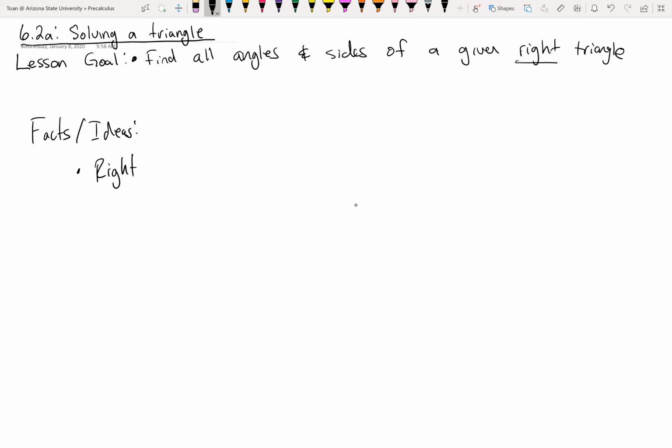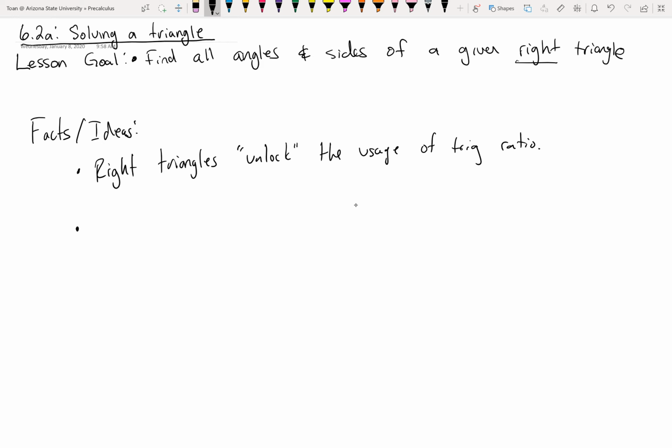Because we're working with right triangles, we "unlock" the usage of trig ratios. Remember SOHCAHTOA, sine, cosine, and tangent? Those are ratios based off of side lengths of a right triangle. Because we are dealing with right triangles, we can use sine, we can use cosine, and so on.